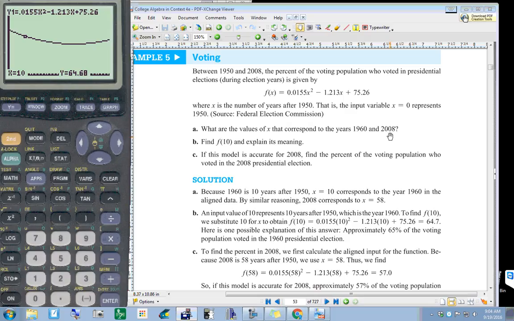What if I wanted 2008? Well, I'd have to put in what number then? 58. So if I put in 58 on the trace and I hit enter, it tells me that there's 57.048. Okay?